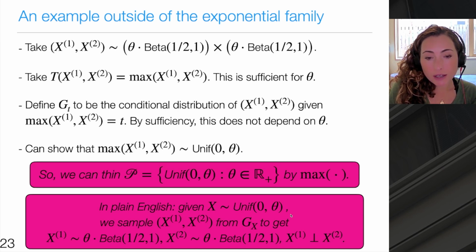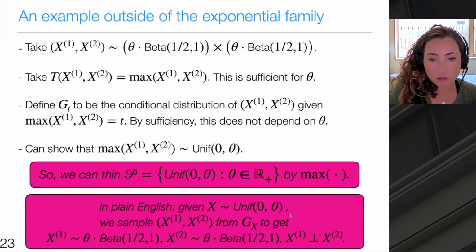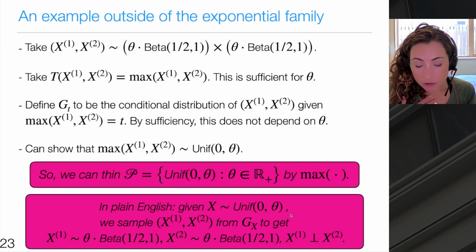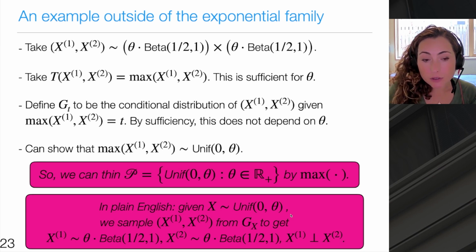So again, if you have data that follows a uniform(0, theta) distribution, and you want to have independent training and test sets, I can't give you independent training and test sets that are both uniform(0, theta). At least I don't know how. Maybe you know how, but I don't. But instead, I can give you a training set that's a scaled beta and also a test set that's a scaled beta, so that you can fit a model or generate a hypothesis on the training set and then test it on the test set in order to do inference on data.